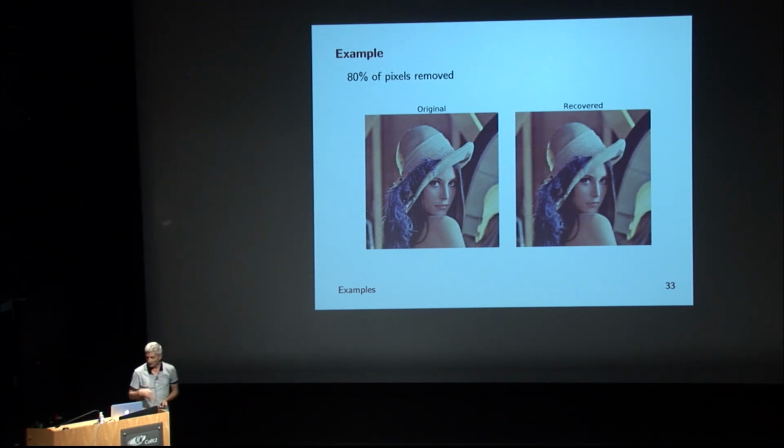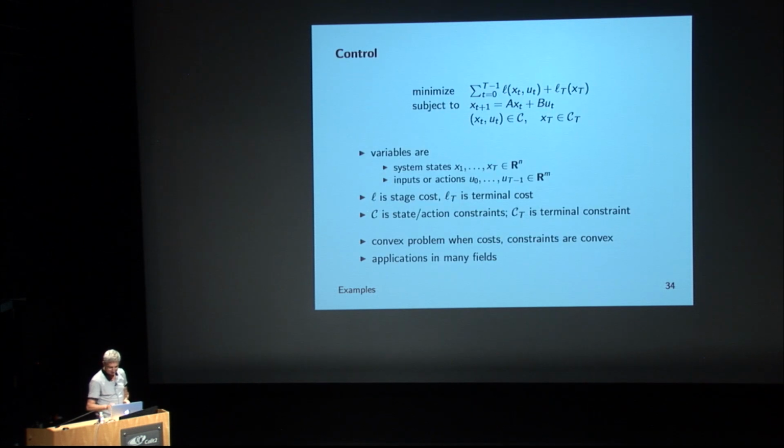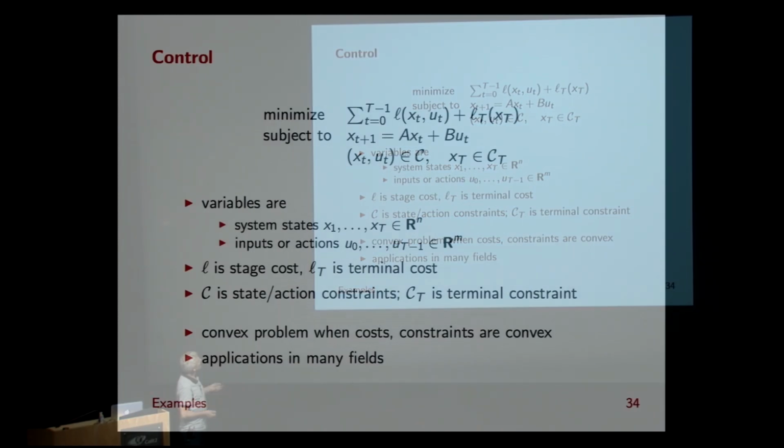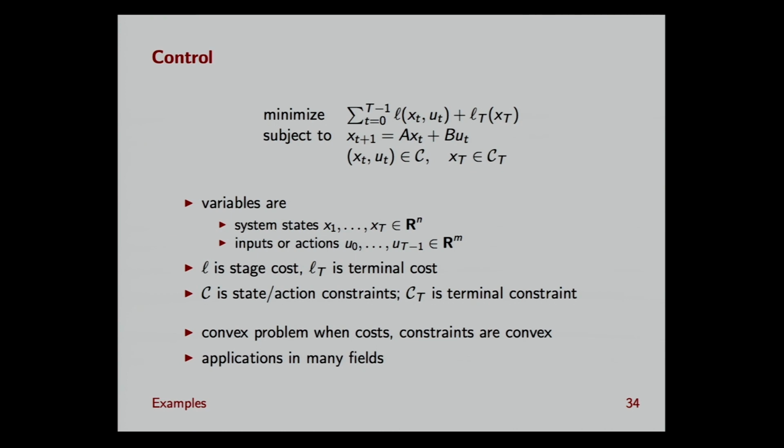Okay, that's that. Next thing we're going to talk about, just a quick example, is in control. So in control, you have a system state that's x_t or something like that, and then you have a linear recursion that tells you how the states recurse.